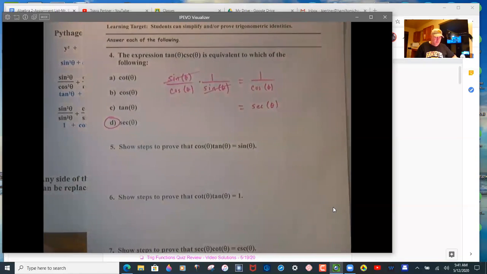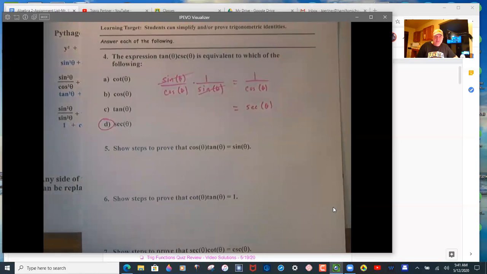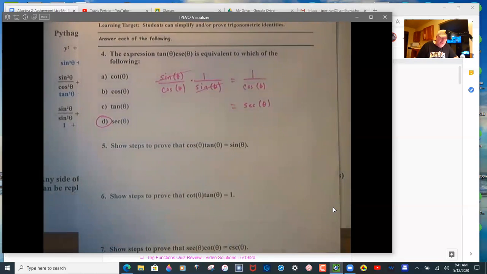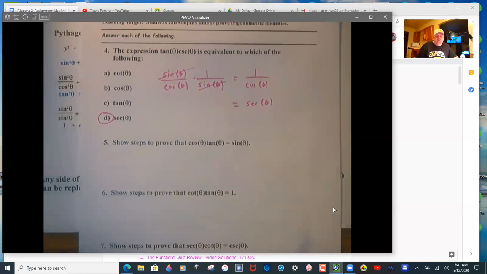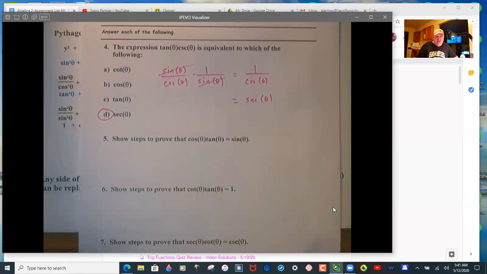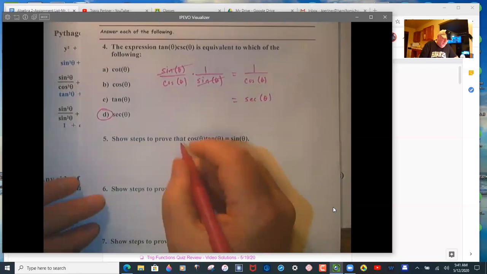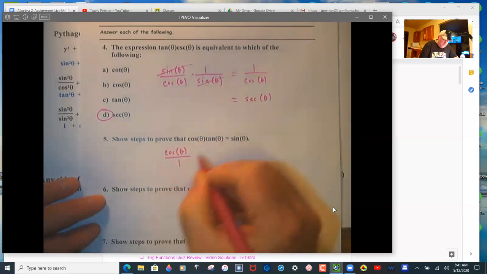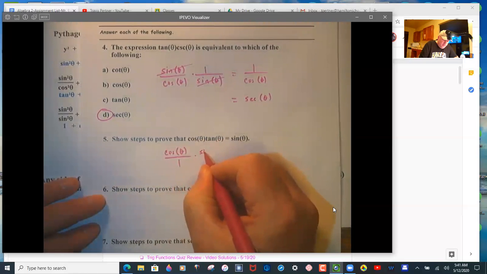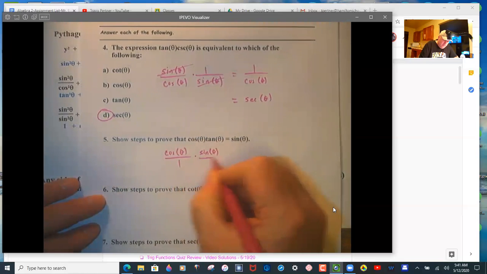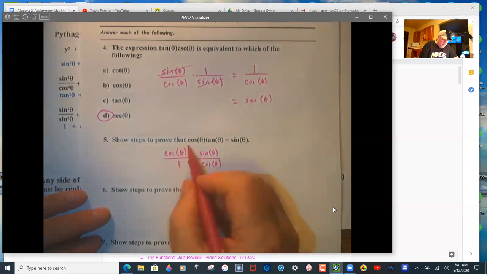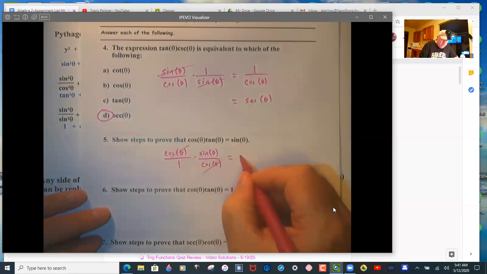Okay, show steps to prove that cosine theta times tangent theta is sine theta. So you want to work on the left side on these, and or the right side, and get everything in terms of sine and cosine. That's the strategy here. Okay, so tangent is sine theta over cosine theta. Well, there you go.